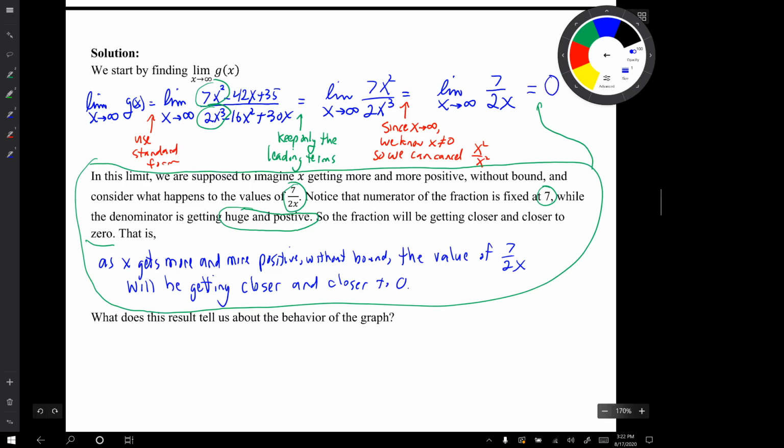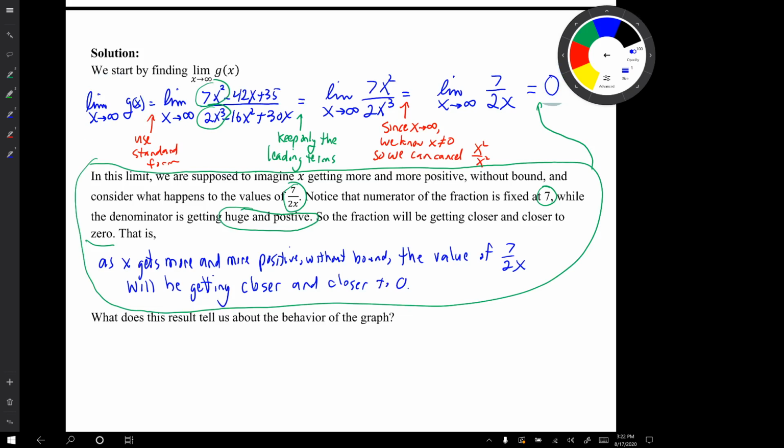So all of this stuff that we wrote and discussed in this green circle is the thinking behind writing down a 0 there. So in the end, we have that the limit as x goes to infinity of g of x is the number 0.